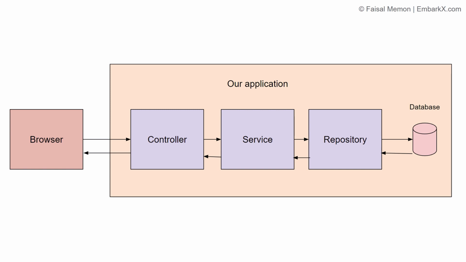So this is the flow in which a typical Spring Boot application works. The request comes through the controller from the user, then service, then repository, and then it travels back in reverse to the controller. This is a typical architecture of a Spring Boot application.